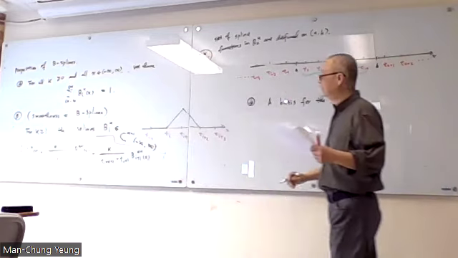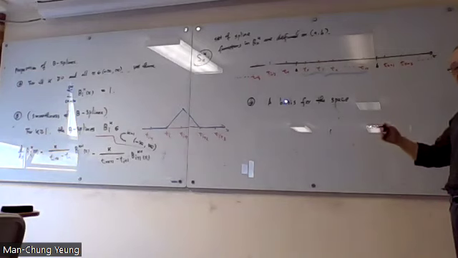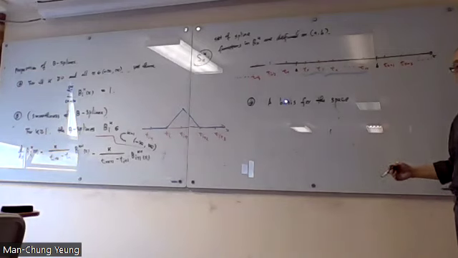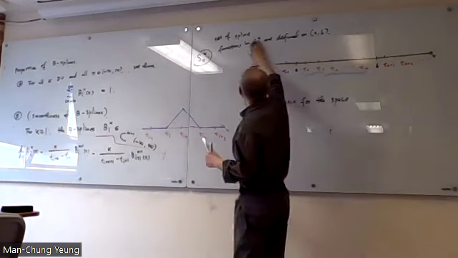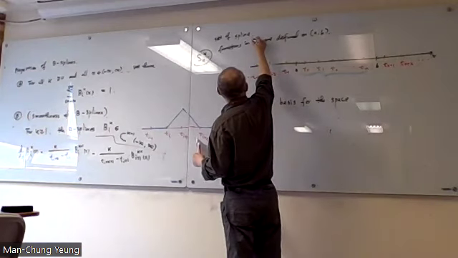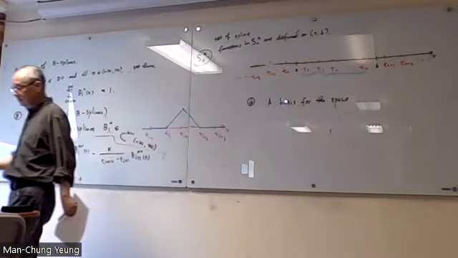S_{n,k} denotes the set of all spline functions of degree k. This is S, otherwise it is confused with these notations.